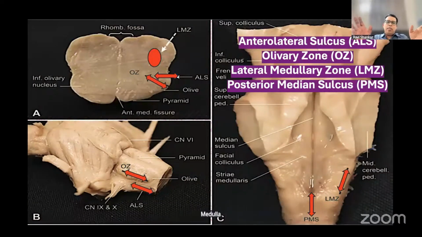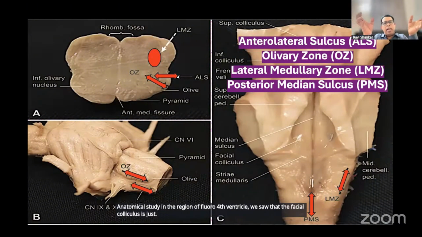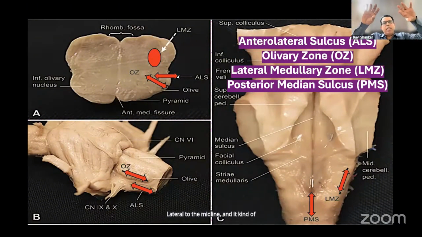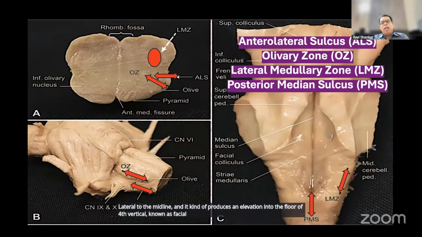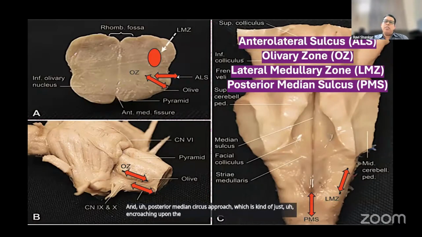But while we saw in the anatomical study of the floor of the fourth ventricle that the facial colliculus is just lateral to the midline, and it produces an elevation in the floor of the fourth ventricle known as the facial colliculus. So the posterior median sulcus approach, which just encroaches upon the medial longitudinal fasciculus, is the preferred pathway.